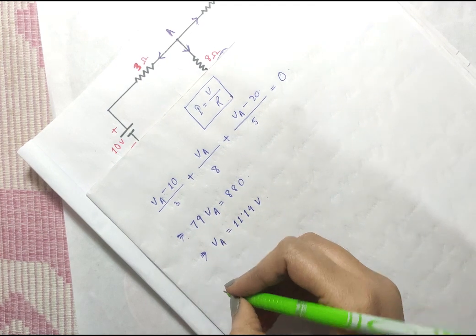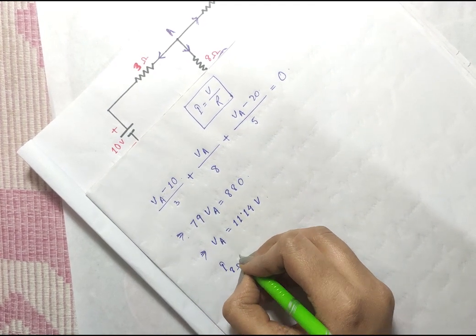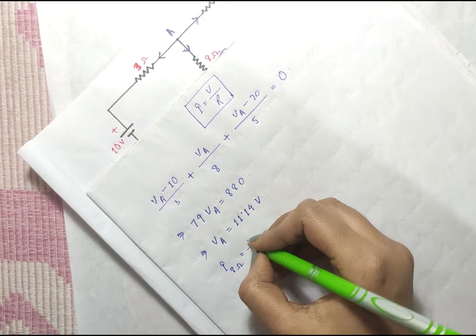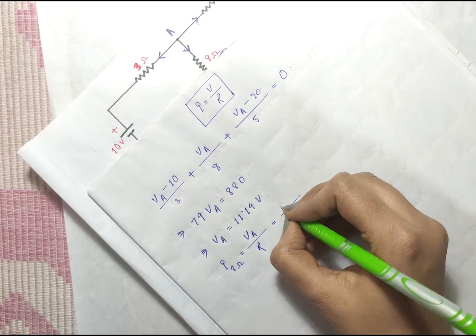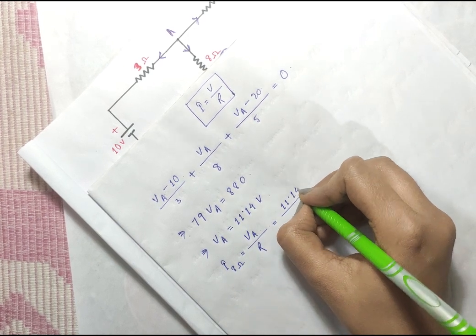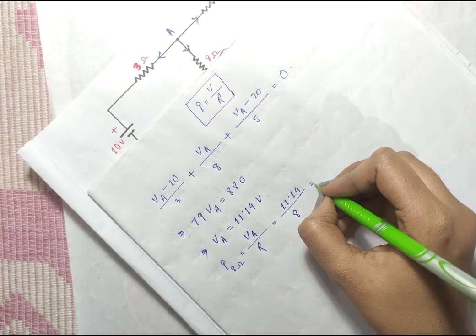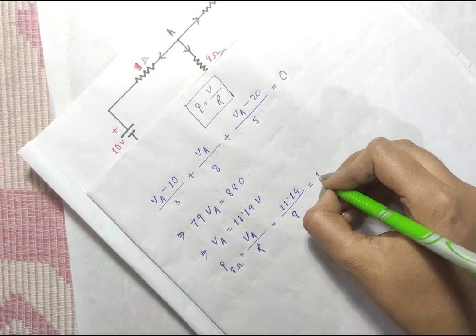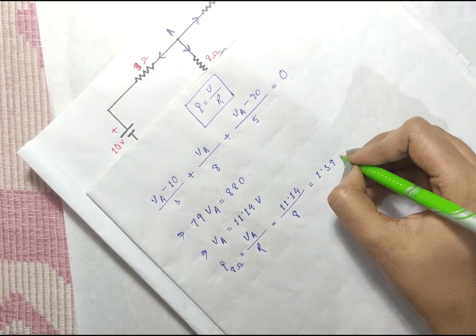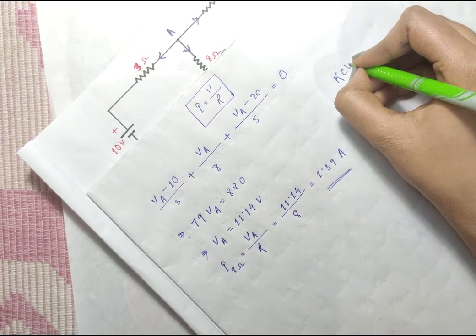Therefore I at 8 ohm is equal to VA by R, that is 11.14 divided by 8, which is equal to 1.39 ampere. So this was KCL.